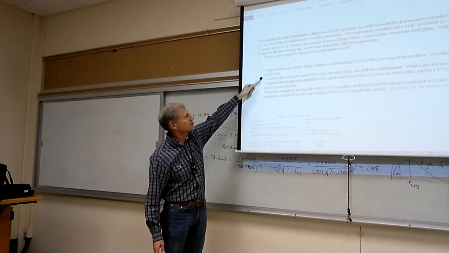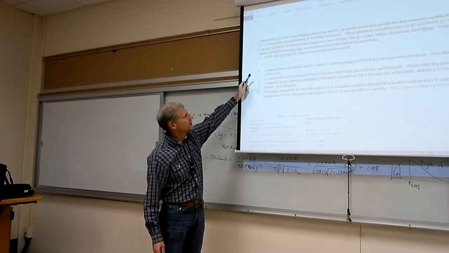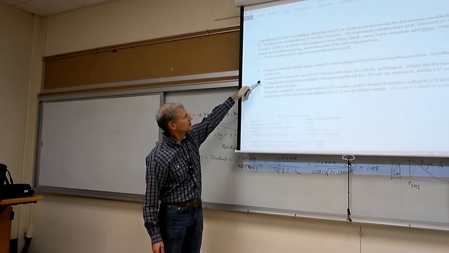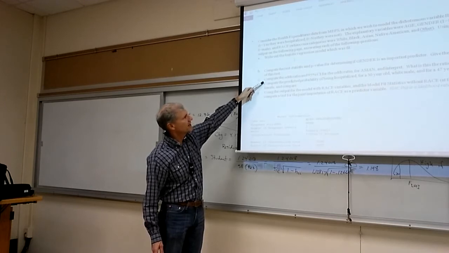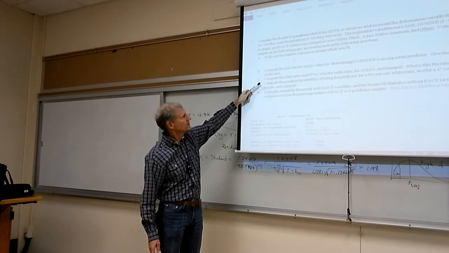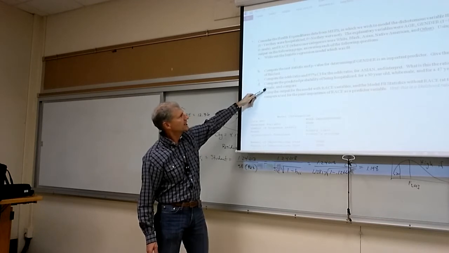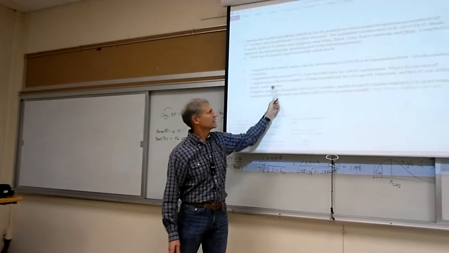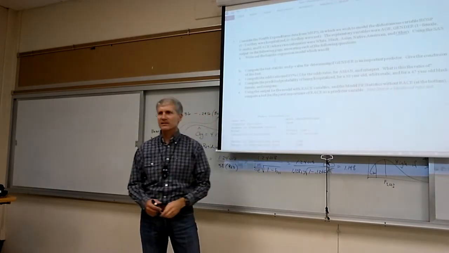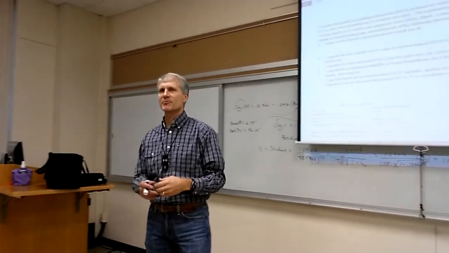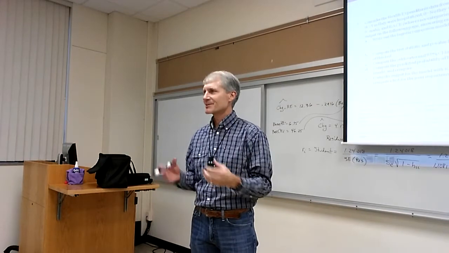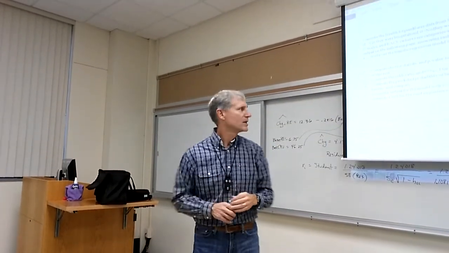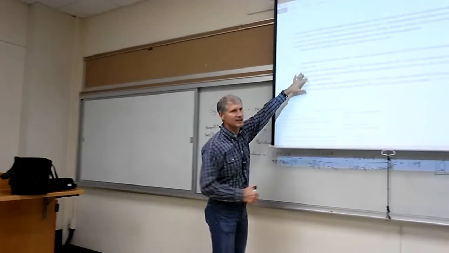Compute test statistic and p-value for determining gender is important. Compute odds ratio and 95% confidence interval. Compute predicted probability. We did one of those right at the end last time, but we ended up accidentally picking one that was too easy because it was the reference group on everything, so it was just the intercept term. But any questions on how all of that is done?